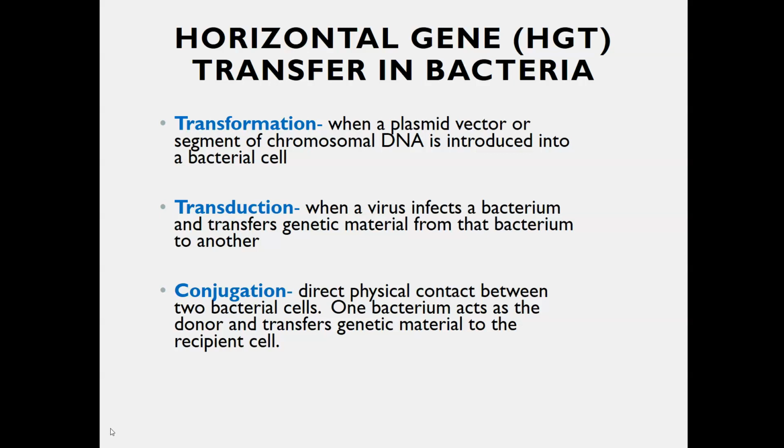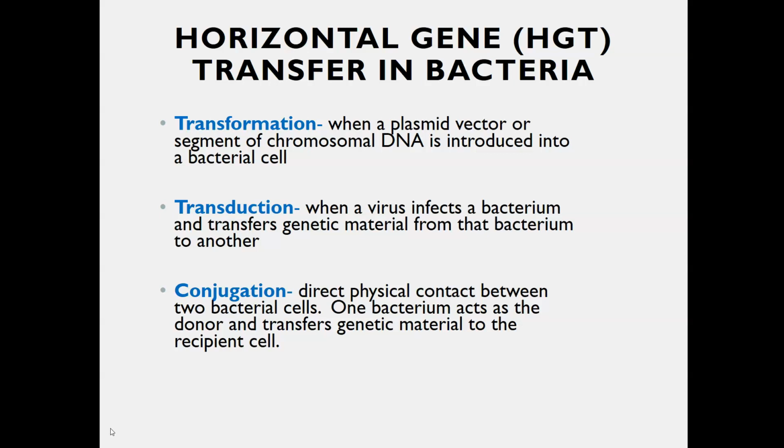And so that recipient bacteria can either integrate that new genetic material or it can get rid of it. So if it chooses to integrate it or utilize it, it now will have some new genes that it's able to express. So we say that that bacteria has been transformed.